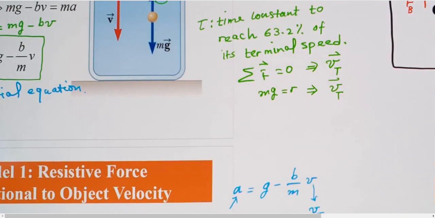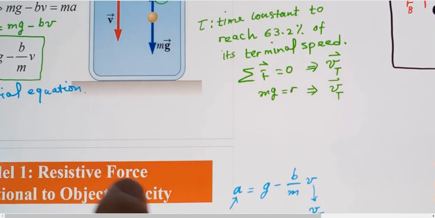So for example, if the time to reach the terminal speed is 1 second, tau is 0.63 of a second. It is fixed.